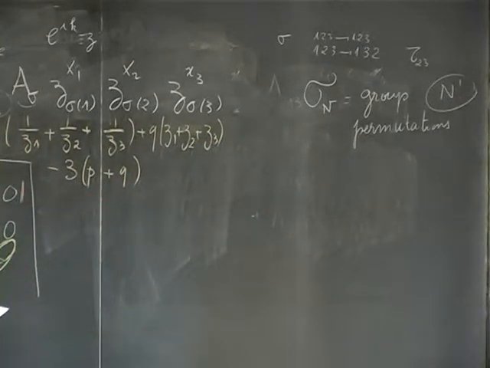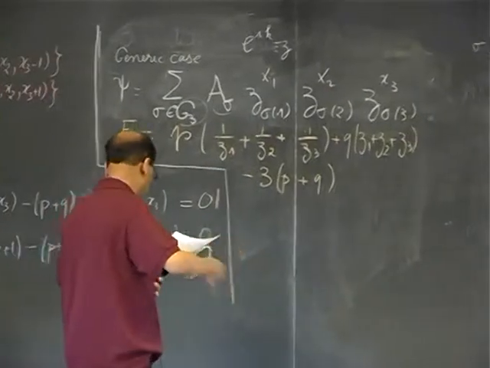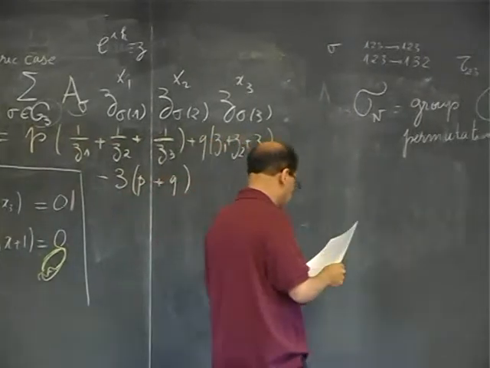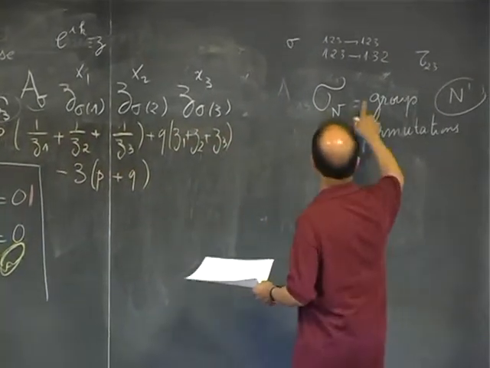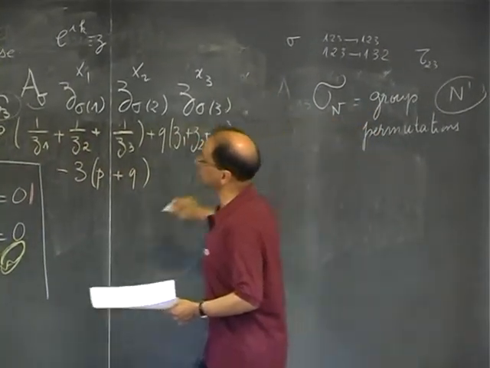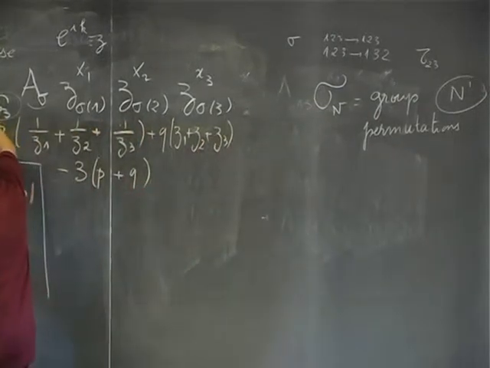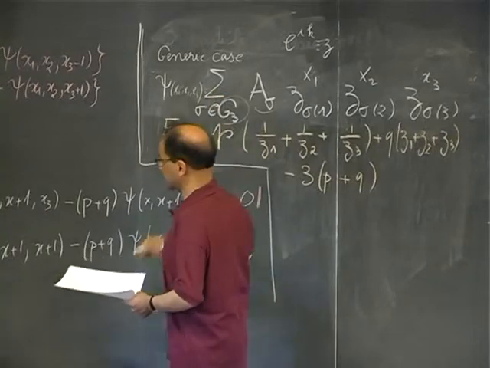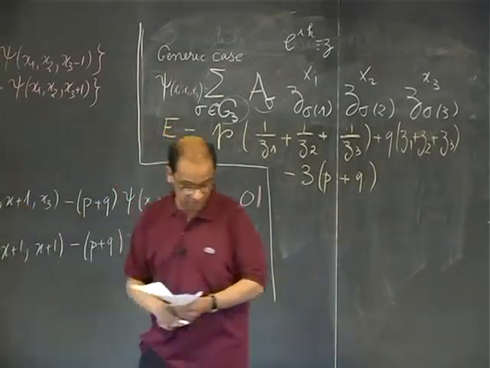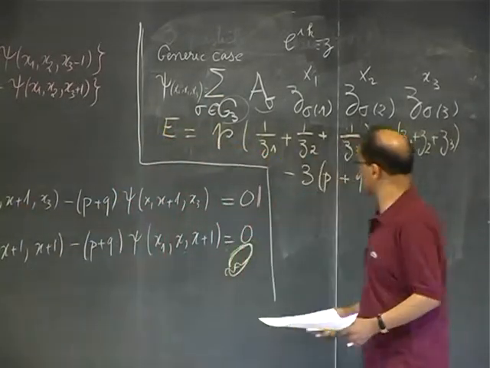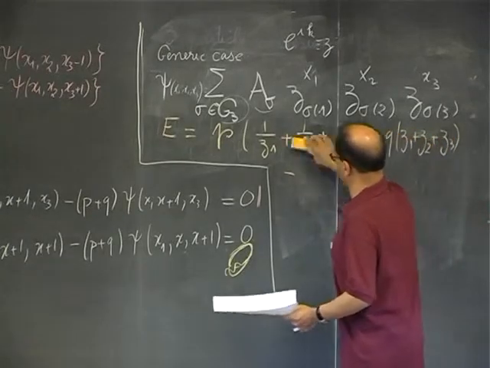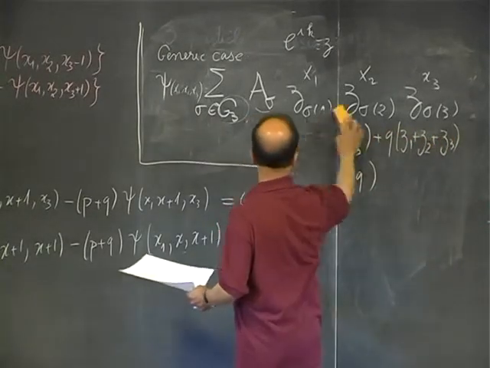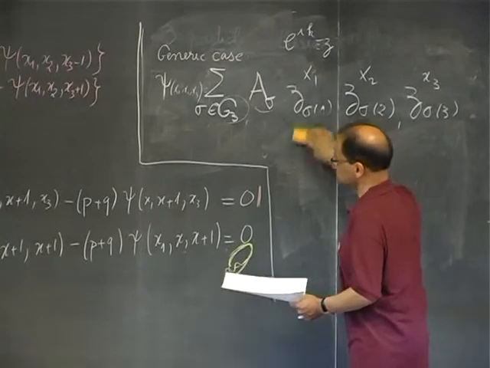Okay? So now let's try to impose the constraints. For example, let's impose the first one, and then the second one will be the same, and so on. So you just substitute this formula, this is psi of x1, x2, x3 here. So what is it going to give you?